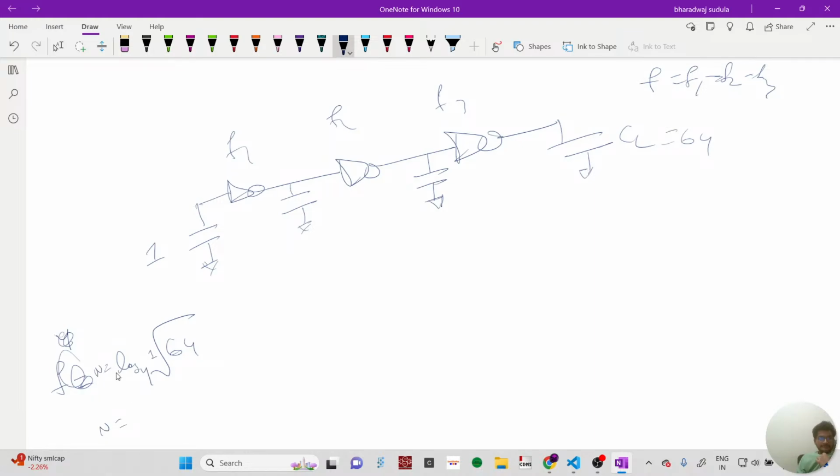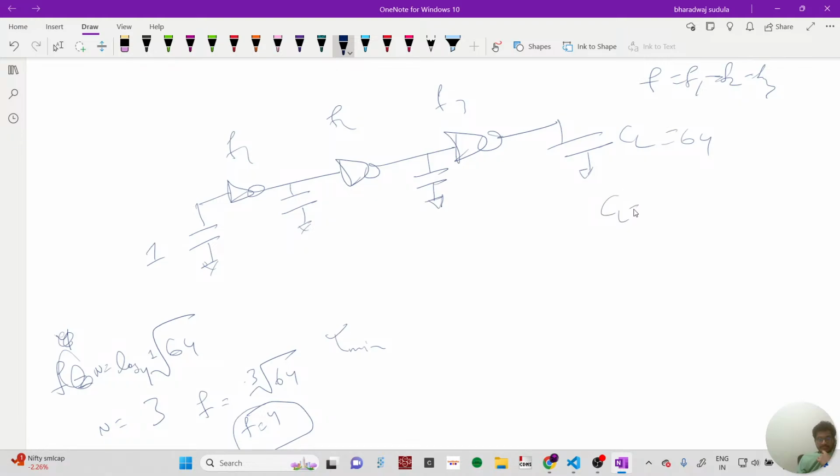N will be 3 and F will be 4. So fan out is 4 for an optimal minimum delay, minimum tau. Fan out has to be 4.